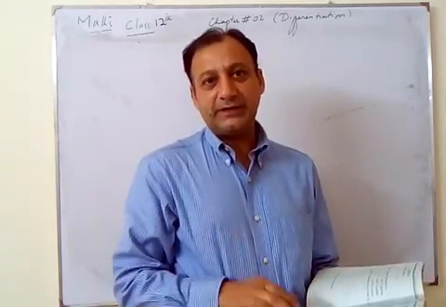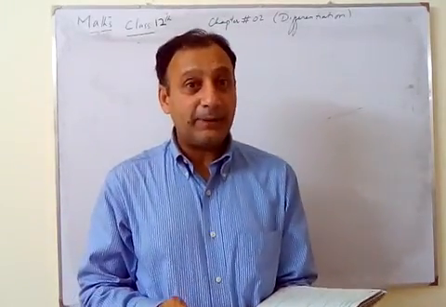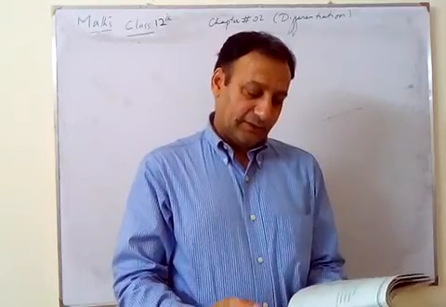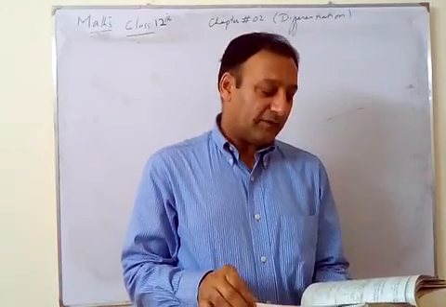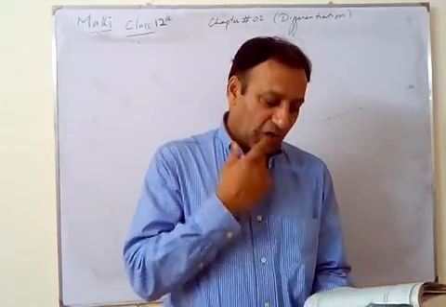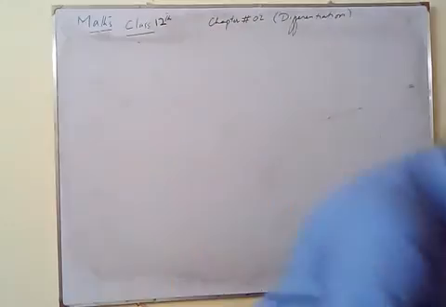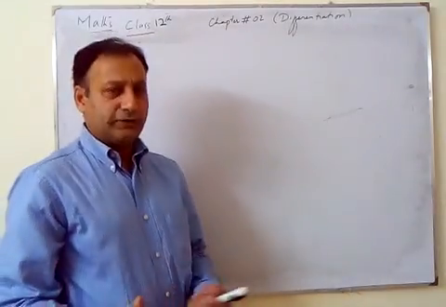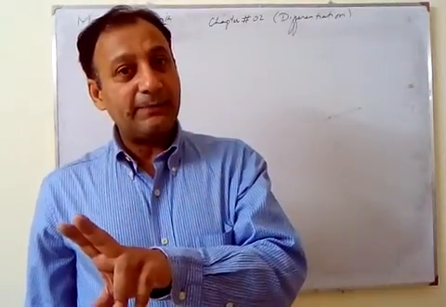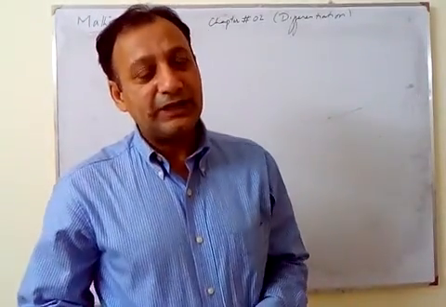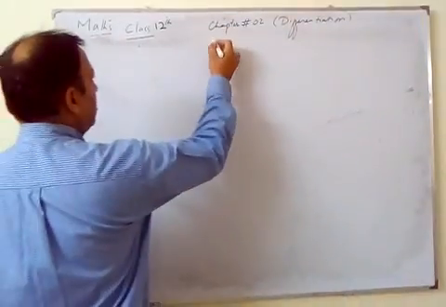Basically, differential calculus is related to the rate of change of the dependent variable with respect to the change in the independent variable. So let us try to solve the question here.